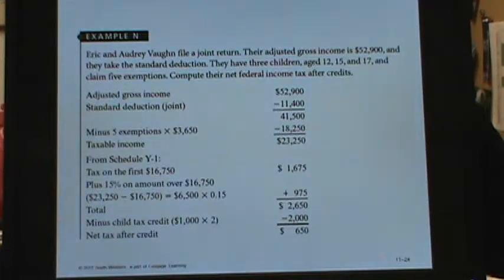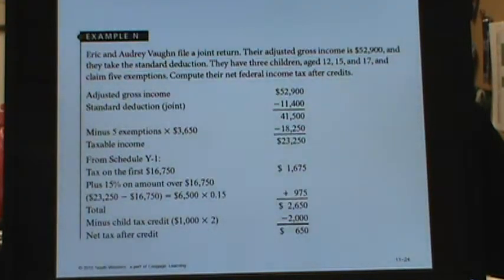Their joint standard deduction, based on the chart in your book, or on the slides too if you don't have your book, is $11,400. After we subtract our 5 exemptions, which at $3,650 each, we multiply by 5 to get $18,250 and subtract that. So we got a taxable income of $23,250.